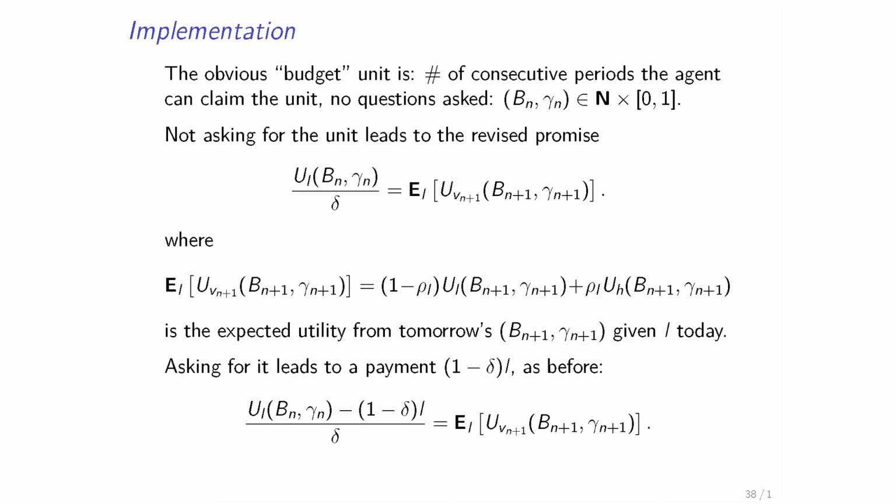And if he asks for it, we subtract the value of this unit to a low type, and we update it based on the promise keeping and IC constraint equation as well. So this is the universal way to implement the optimal policy in our environment.